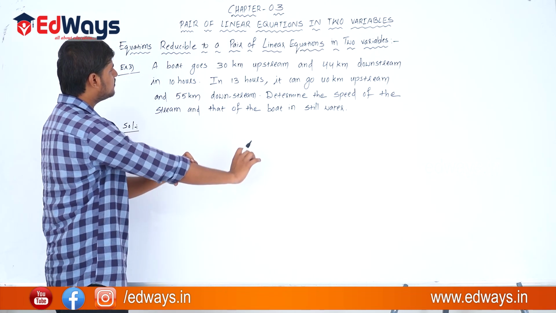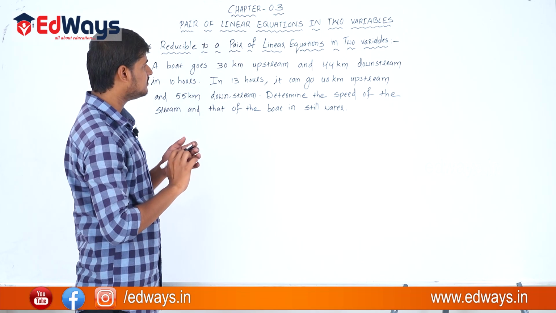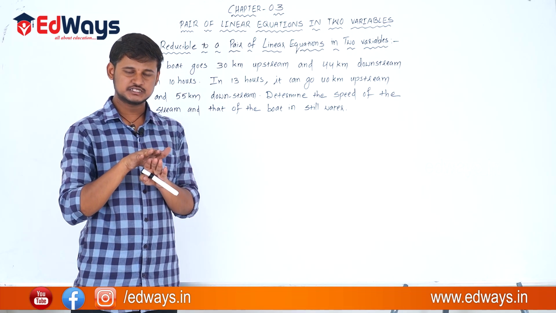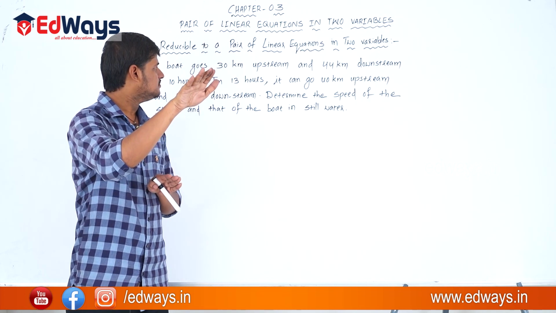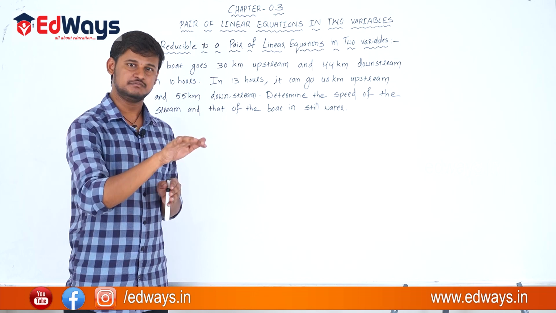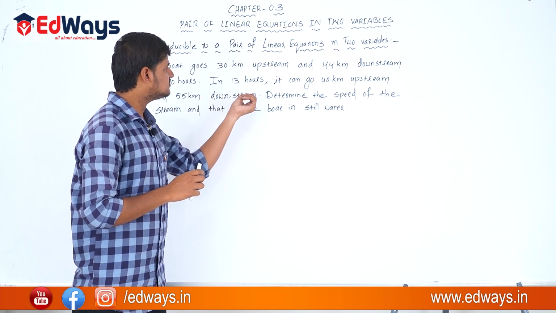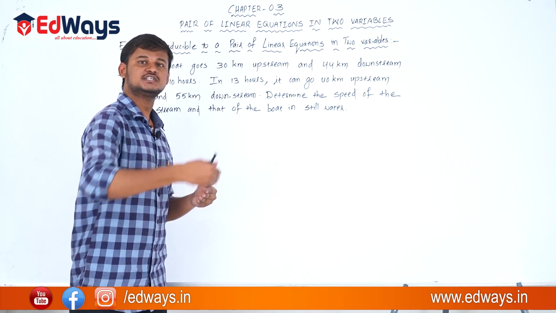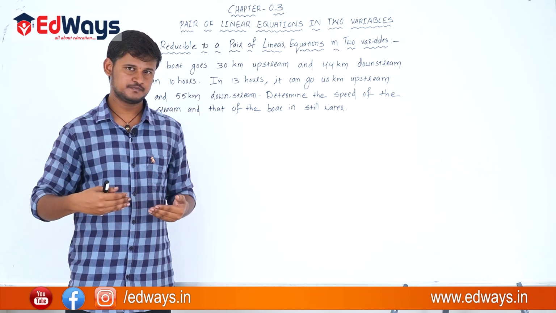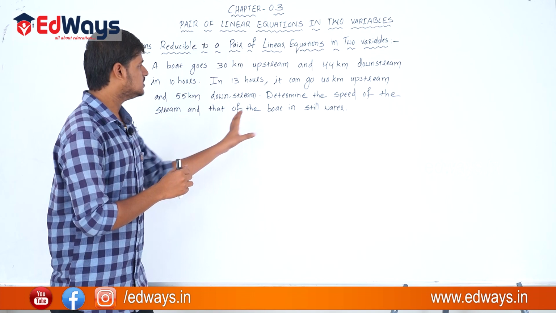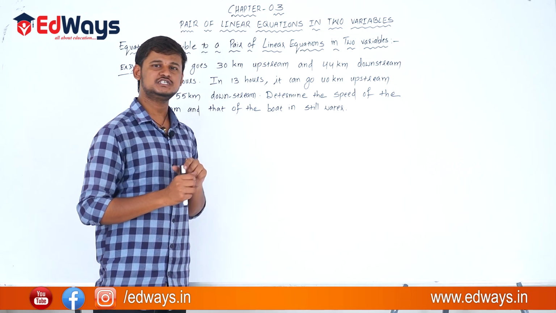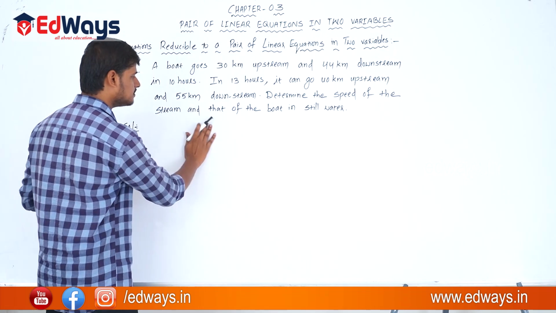Here they said a boat goes 30 kilometers upstream and 44 kilometers downstream in a stream, and in 13 hours it can go 40 kilometers upstream and 55 kilometers downstream. They asked to find the speed of the stream and the speed of the boat in still water. So let them be x and y.